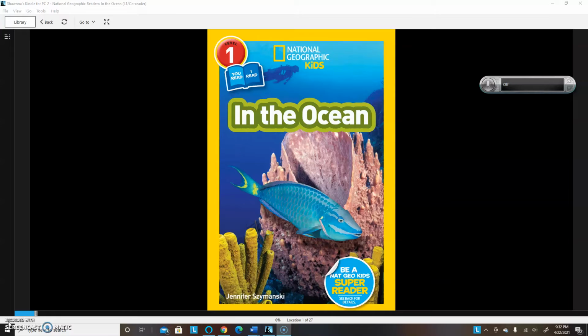The SQ4R method requires students to take notice of features such as the captions, the titles, the subtitles, the charts, the pictures, etc., in order to get a grasp of the main idea and purpose of the text.